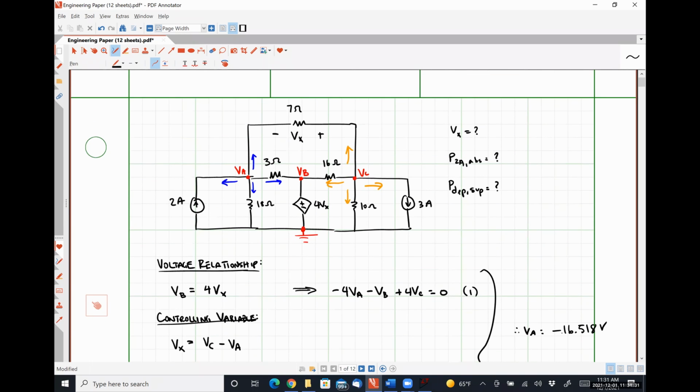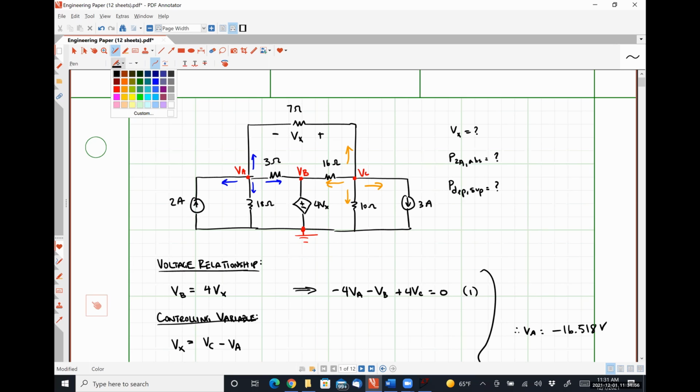Now, to calculate the power absorbed by the 2 amp source, what do we need? We need the current flowing through the 2 amp source, which is obviously 2 amps. And because we want the power absorbed, we want that 2 amps of current to be flowing into the positive polarity terminal, right?